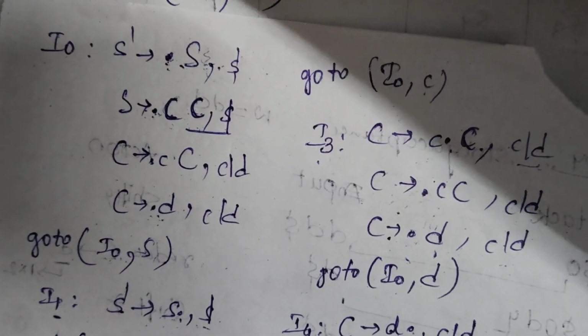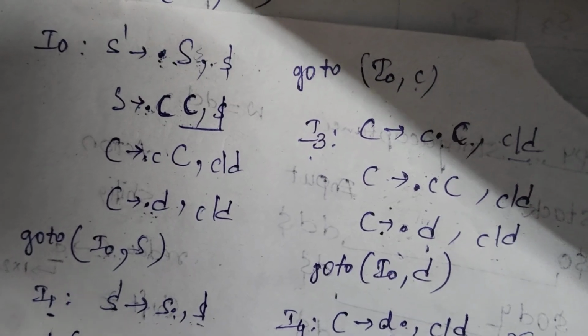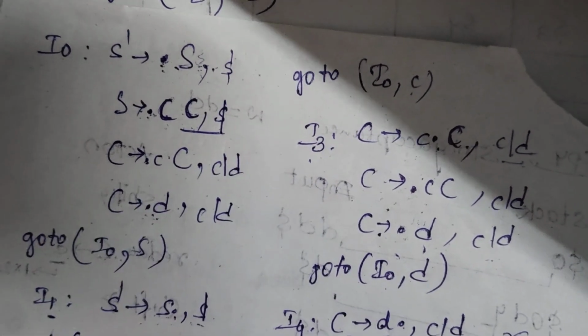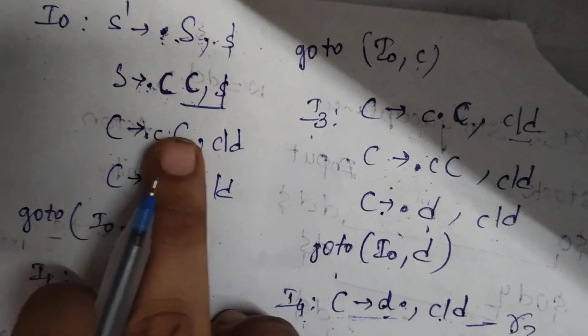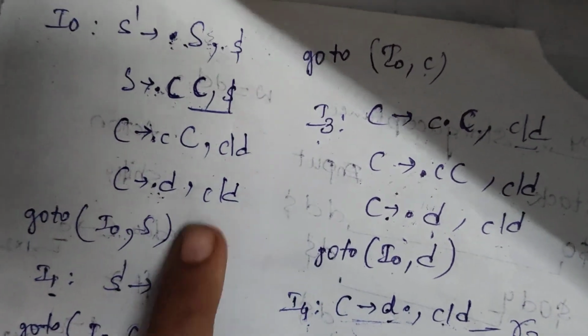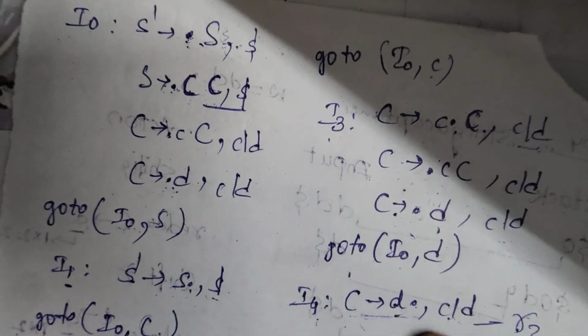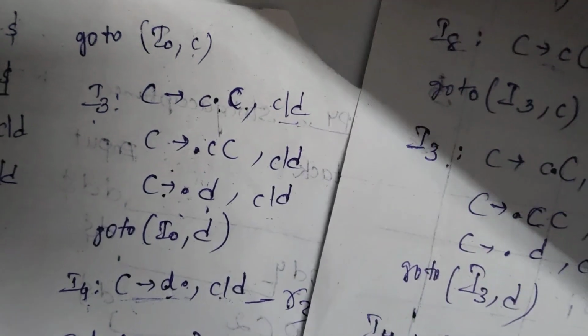Now we need to check if in any two items the productions are the same but the lookahead symbols are different. So let's check. In I0 these productions are there. Can we find them anywhere else, up to I9? No, right?